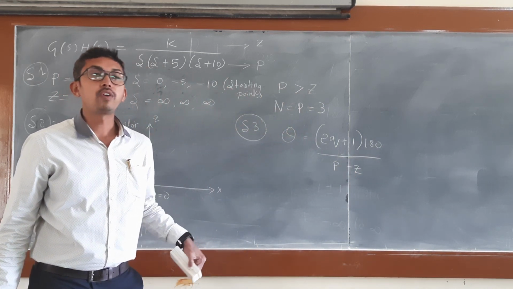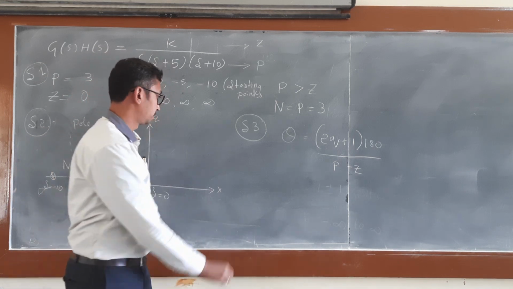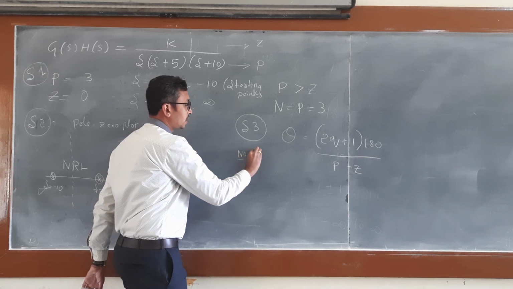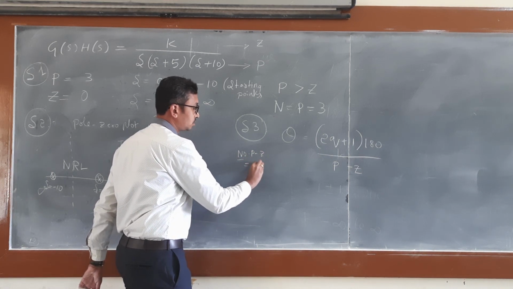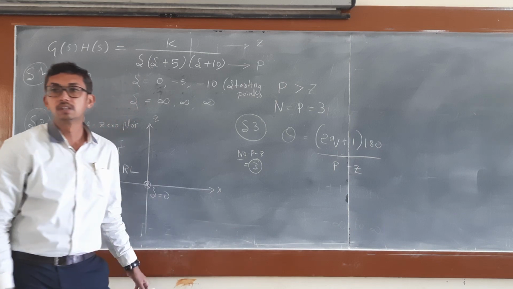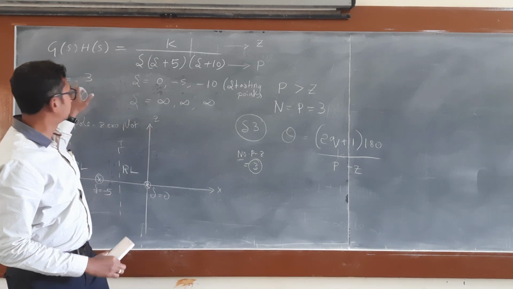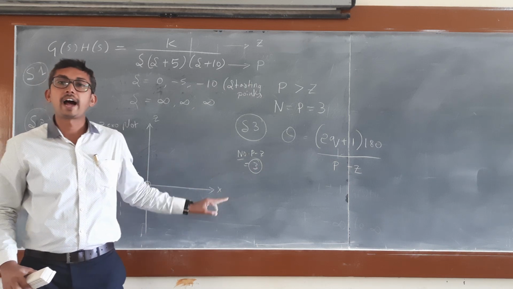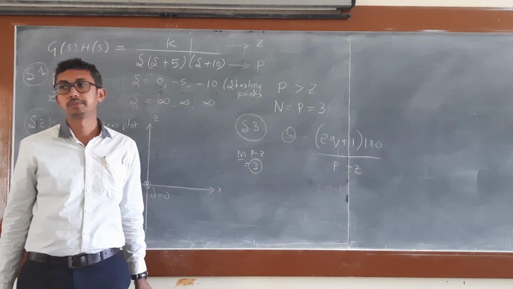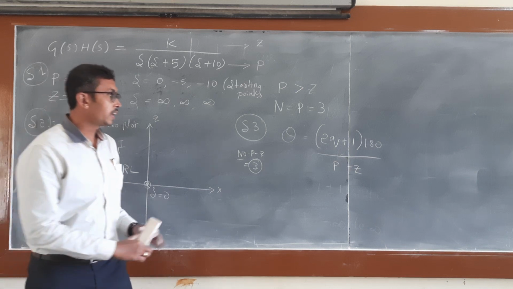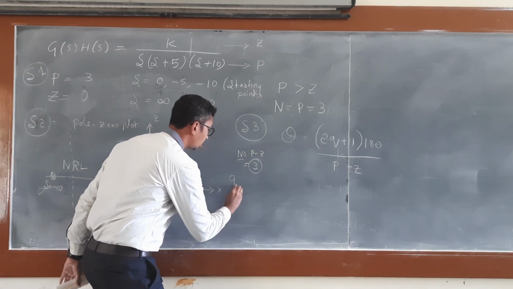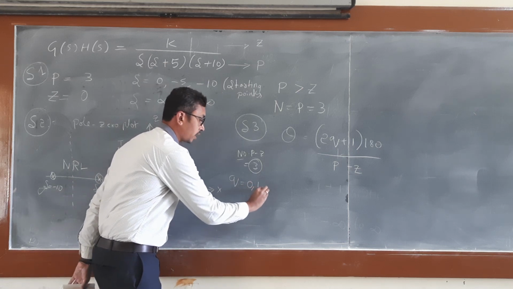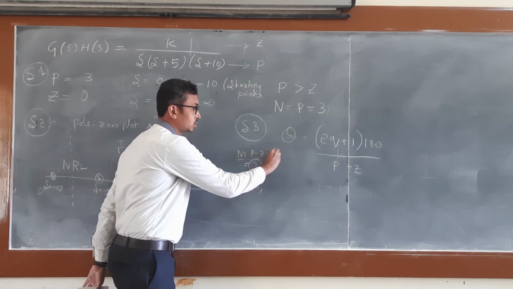Correct? So how to find out the number of asymptotes? P minus Z. So how many asymptotes are we having? 3 asymptotes. The number of poles is 3 and zeros is 0. So the number of asymptotes that we have is 3. Now, Q is going to vary from what? 0, 1, up to P minus Z minus 1.